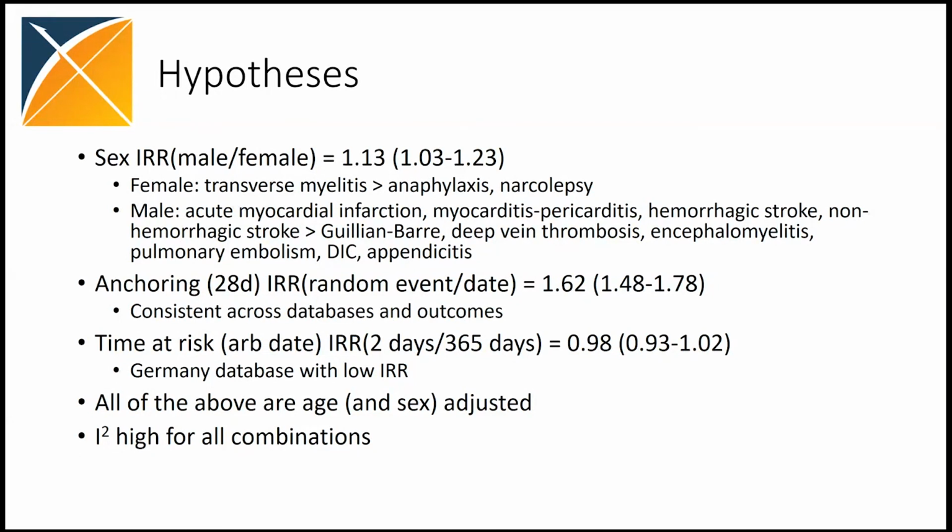All of the above, by the way, we age adjusted and sex adjusted because we know the strong effect of that. And let me just mention the I-squared, which is the degree of heterogeneity among databases, was very high, like 0.8, 0.9. We did a random effects model for our meta-analysis, which is what you do in this case, because we don't expect the databases to be the same. But it also emphasizes the fact that the databases differ a lot.